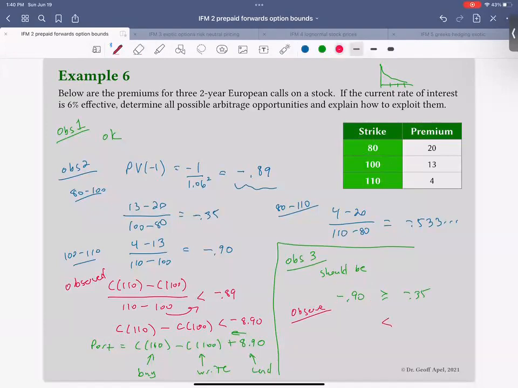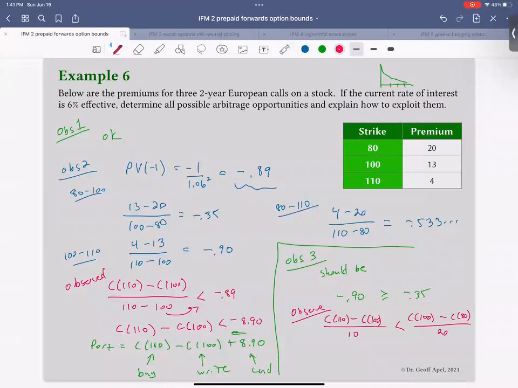So now I'm just going to put it in with calls. The strikes I can put in as actual amounts. So call 110 minus call 100 over 110 minus 100, but I'll cut to the chase a little bit, so over 10, and then call at 100 minus call at 80 over 20, that's 100 minus 80.